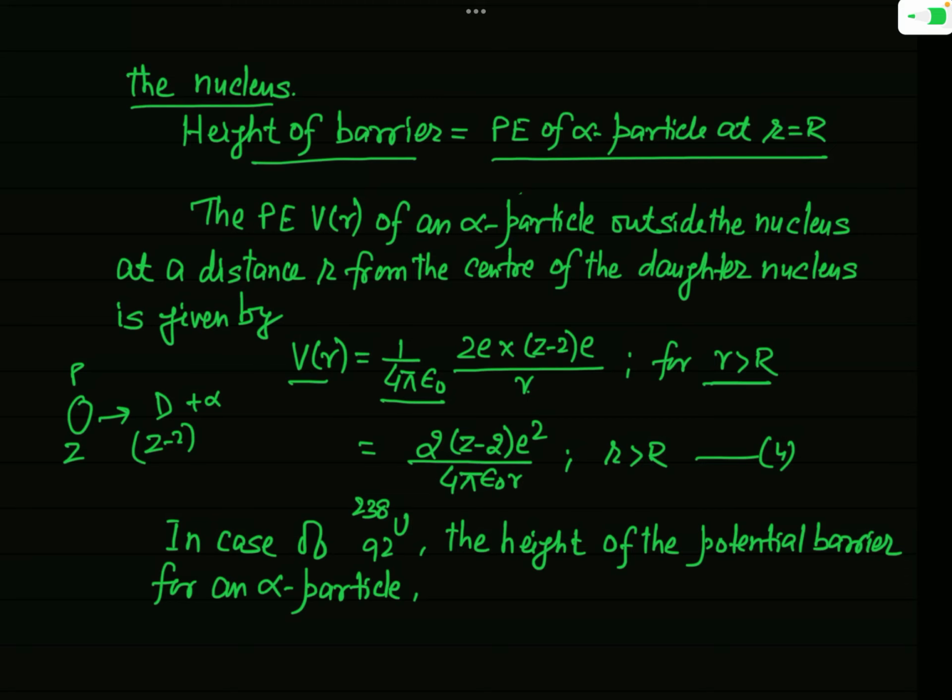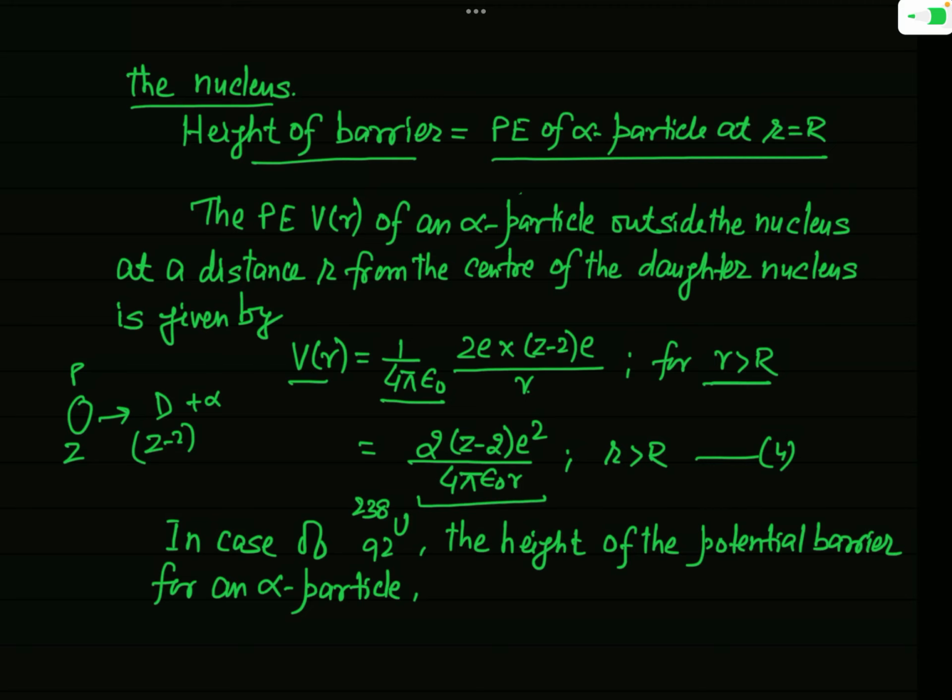So you can say that the potential energy, or the height of the potential barrier when the alpha particle is at a separation of R from the daughter nucleus, is equal to 2(Z minus 2)e squared over 4 pi epsilon naught R.